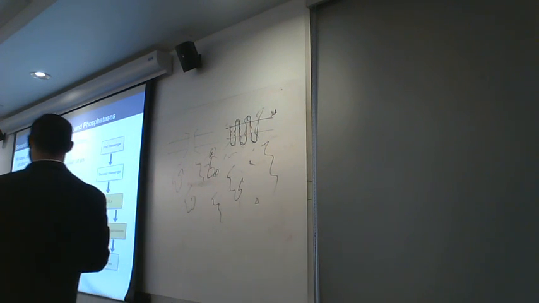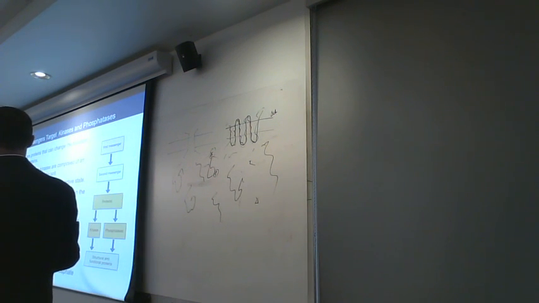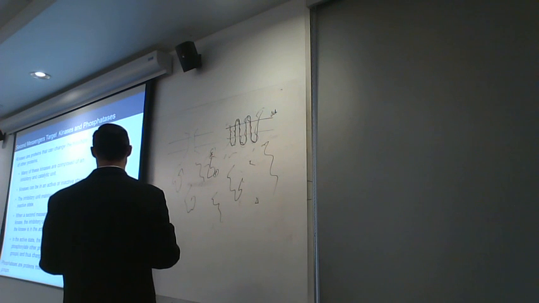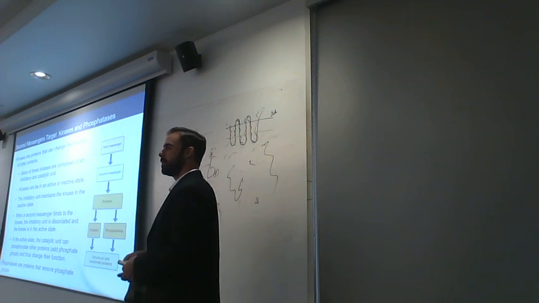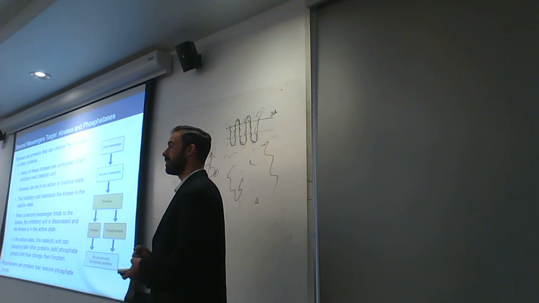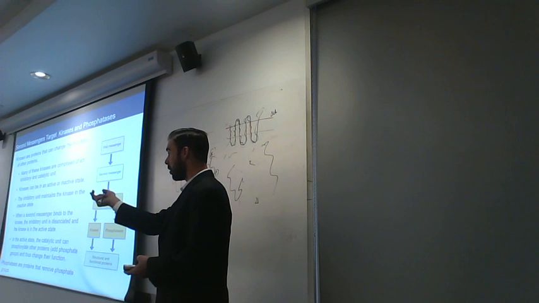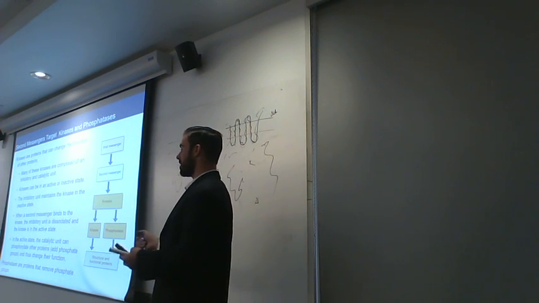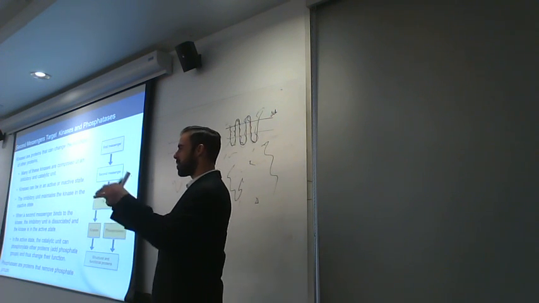And then, of course, we can have our phosphatases that come in and remove that phosphate. Okay? Phosphatase. You guys remember acetylcholinesterase? What does that do? Breaks down acetylcholine, right? So it's that ASE added to it. It's breaking down acetylcholine.